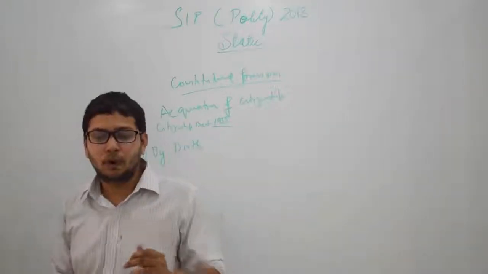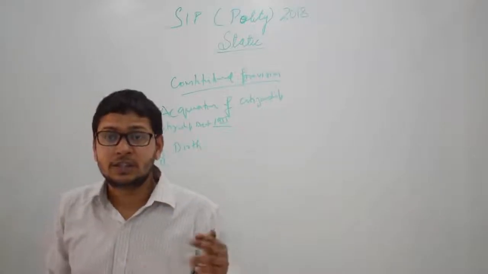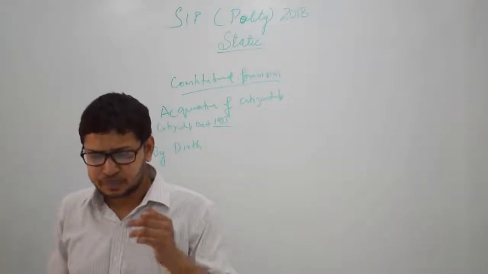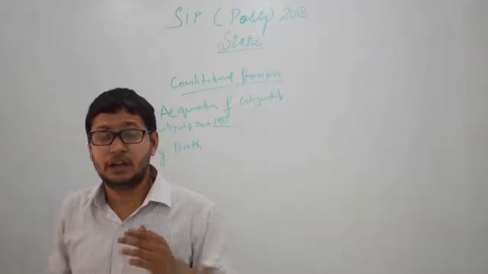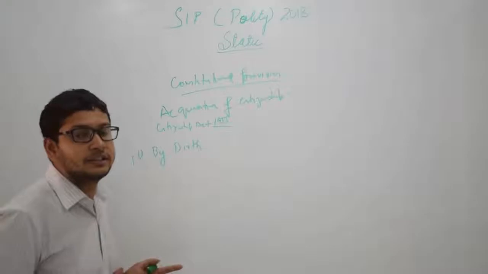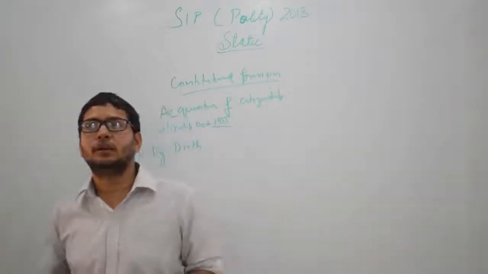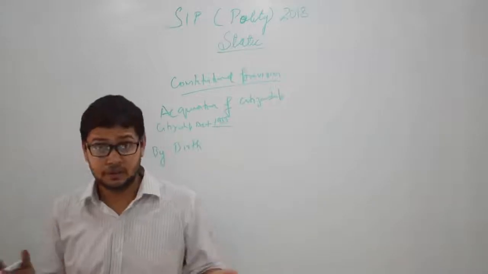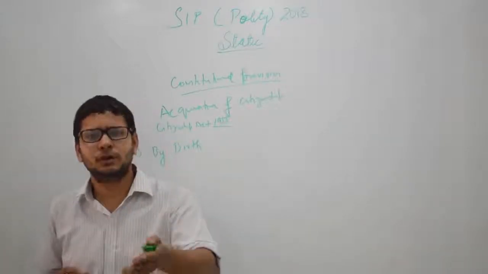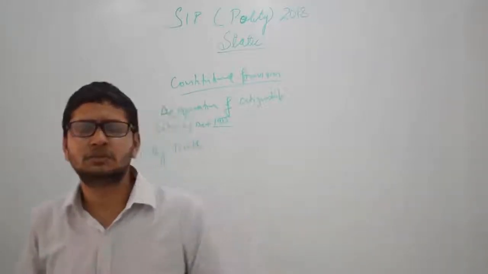Those people who were born between 1987 and 3rd December 2004 would become citizens of India if either of the parents is an Indian, right? So let's take the example of Rahul Gandhi. Rahul Gandhi was born earlier, but I'm just taking an example. Rahul Gandhi's father was an Indian citizen.